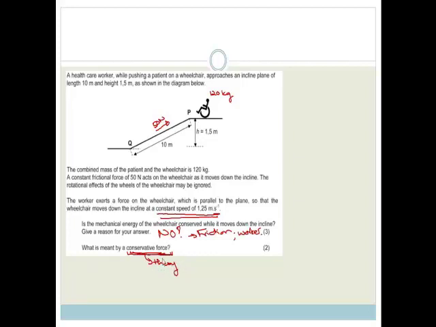Another way of thinking of it is that it's basically your non-contact forces. So what is that? That's gravitational force, electrostatic forces, and your magnetic forces. Those are your conservative forces.